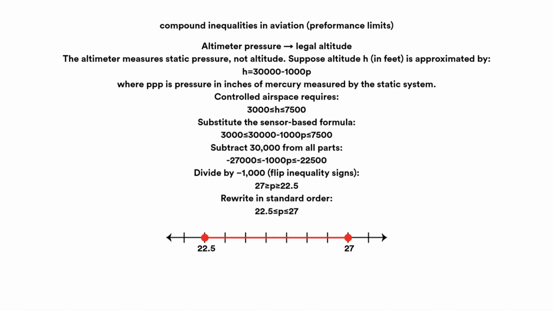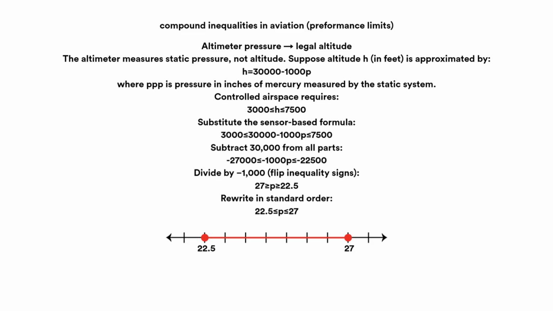Here's an example of compound inequalities, which are also used in aviation, with the example of performance limits, such as when an aircraft flies at a normal altitude, it has to be above 3,000 units and under 7,500 units.